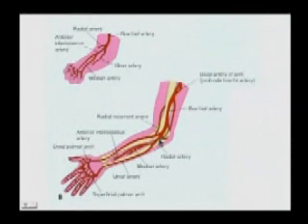And the common interosseous artery will be here as well. They're not really showing it. And the median artery will branch from that. The anterior interosseous artery, there's also posterior interosseous artery that we can't see, and the ulnar artery.